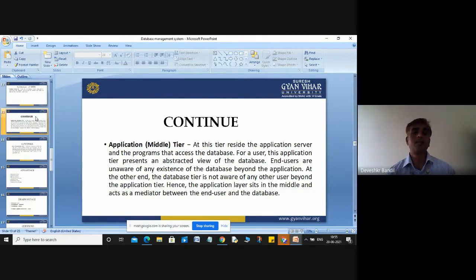And at the other end, the database tier is not aware of any other user beyond the application tier. The application layer sits in the middle and acts as a mediator between the end user and the database. And your application tier is the middle tier.